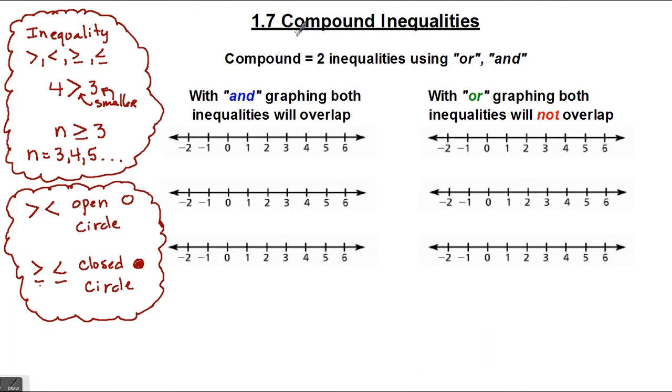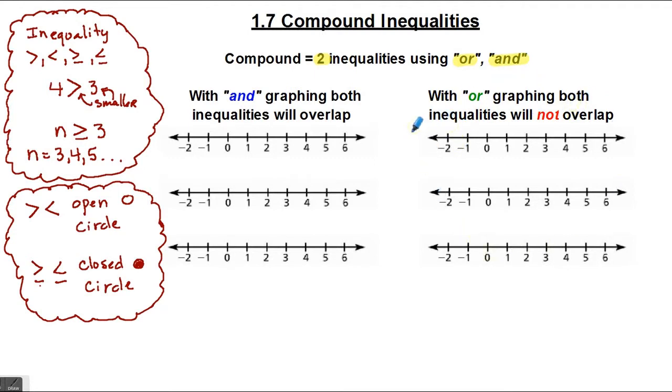1.7 is compound inequalities. We're going to try to make this very simple. Compound is pretty much two inequalities, and the two inequalities are going to be using the or or the and. So here I have two columns. On one side I'm going to be using and, and on the other column I'm going to be using or. So what is the difference?